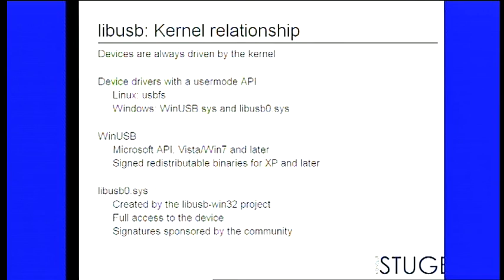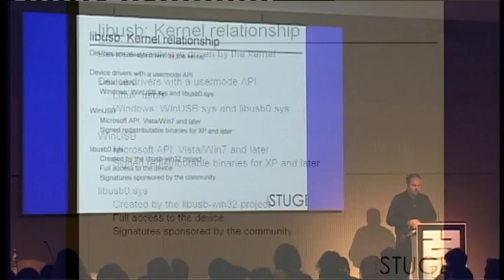On Windows, there's this WinUSB and libusb drivers that I mentioned, where WinUSB is from Microsoft, it's included in Vista and later, but it's also possible to install after the fact on older systems, so XP, and they made some DLL package that you can redistribute also very easily to add WinUSB to a system.